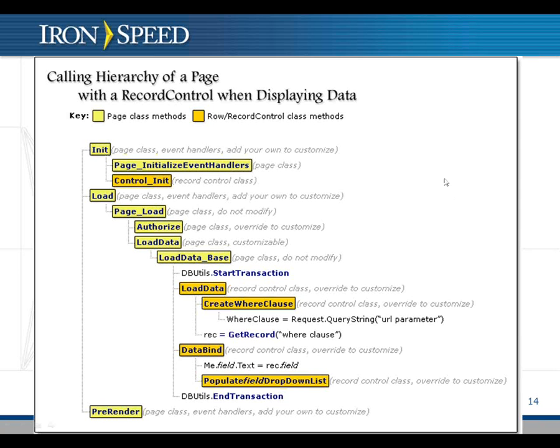And the reason is because if you're looking at a table that shows 10 rows, each of those rows is a record control. You know, IronSpeed uses a .NET repeater in order to repeat a record control, which is an IronSpeed class, to render out the value. So I'll use row and record control interchangeably. Technically, they are record controls. It's a listing of record controls.